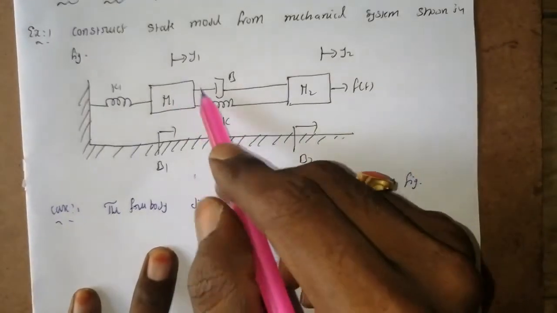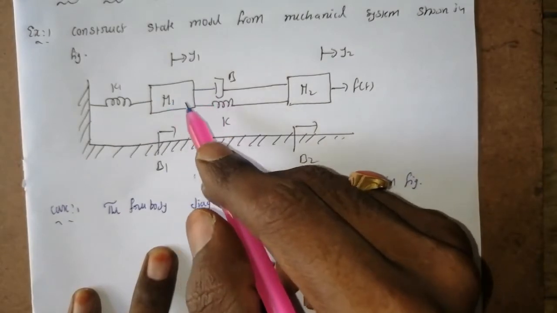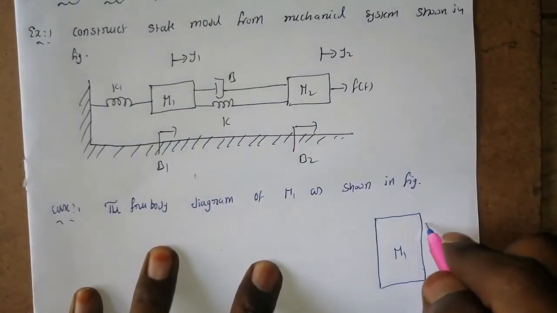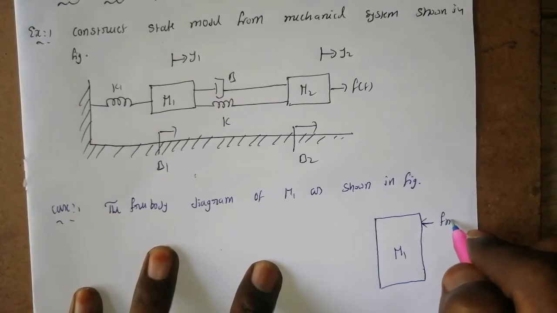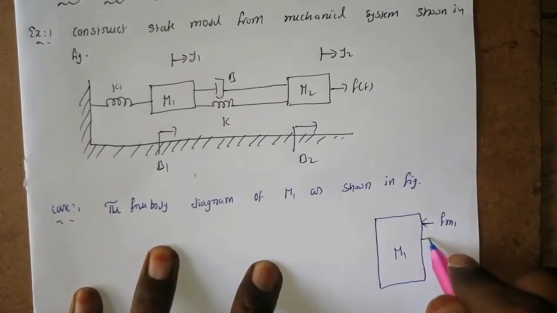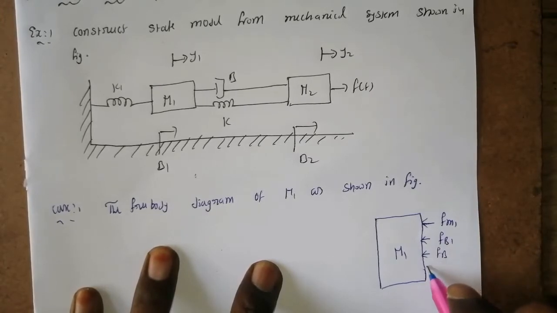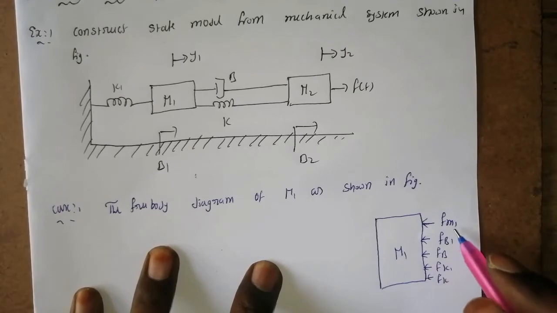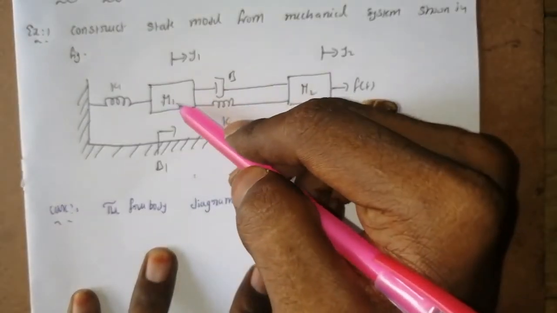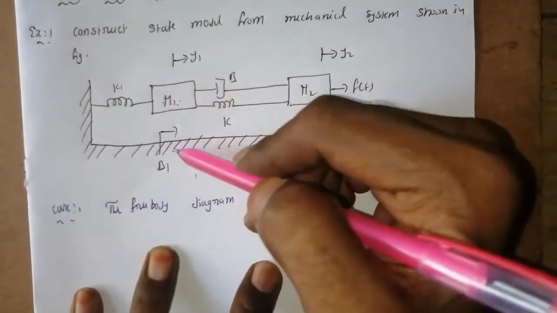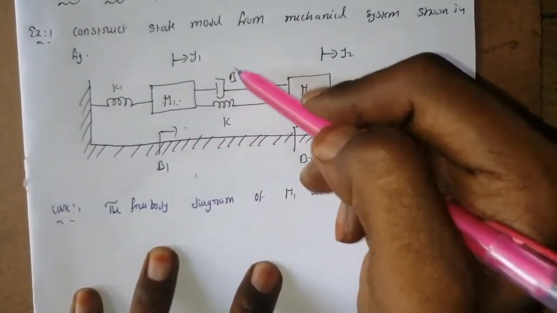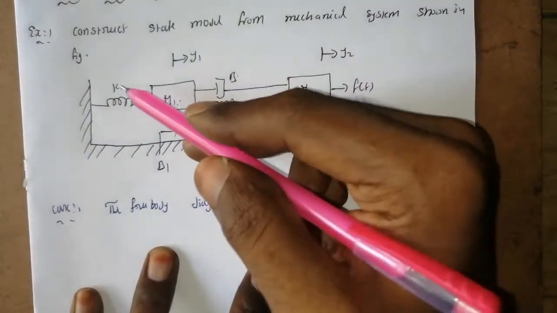For M1 there is no applying force, so there is no need to consider applying forces, and the opposing forces are, one, the mass itself. Another one is the friction coefficient, that is FB1 and FB. The next one is FK1 and FK. So five opposing forces are acting on M1. First one is the mass itself, friction B1, B, K and K1.